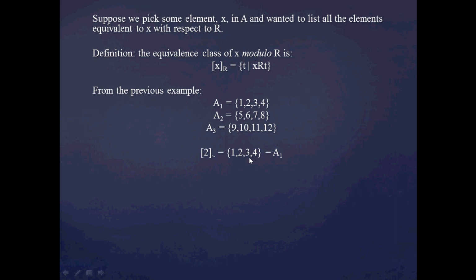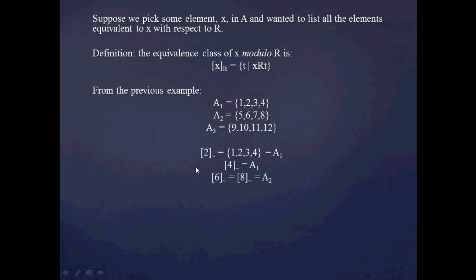And hopefully it's obvious that this set is also equal to A1. So the equivalence class of 2 mod tilde is equal to A1. Continuing with some of the other elements, you can also see that the equivalence class of 4, all the stuff that's said to be equivalent to 4 mod tilde, is also equal to A1. So we can see immediately that the equivalence classes of 2 and of 4 mod tilde are equal.